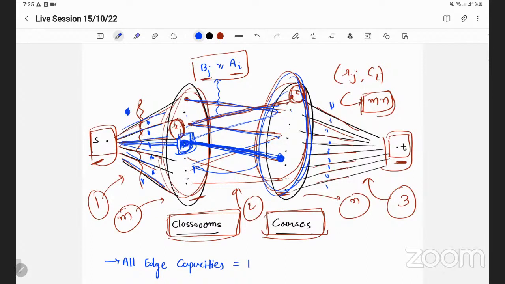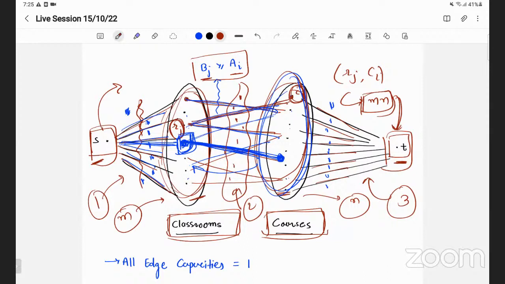Now for the type 2 edges, meaning these edges, it doesn't matter what value of flow you put, because you have already ensured the maximum flow which can go out of S and the maximum flow which can come into the sink. So you can just initialize all these edge capacities as 1, and the maximum flow from this whole constructed flow graph will give you the maximum matching.